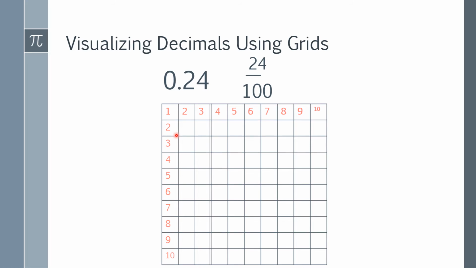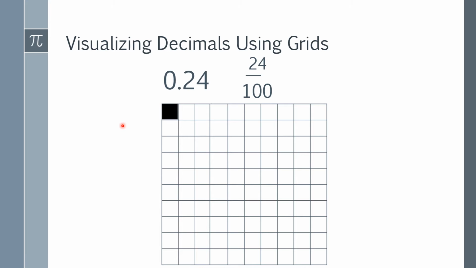Okay? So now that we already have a grid, the next thing we do is to shade 24 parts of the grid. So bahala kayo kung saan nyo gustong ilagay yung shaded part ninyo, basta dapat 24 lang kasi yun lang ang ating numerator. So let's start with shading.